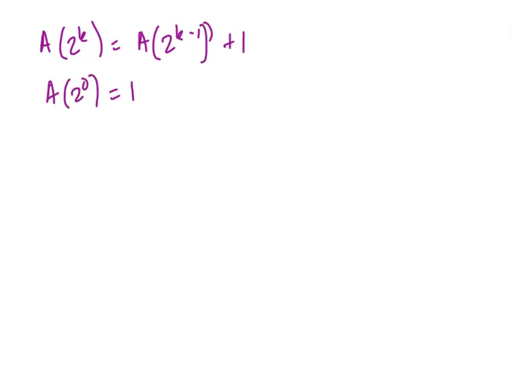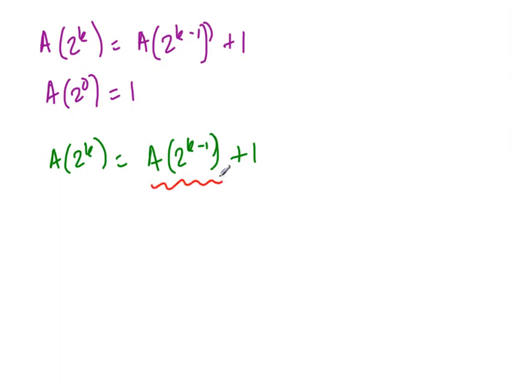So now you can use that famous backward substitution method. You just expand. a of 2 to the k is equal to a of 2 to the k minus 1 plus 1, and now you use the same expansion here, and you get a of 2 to the k minus 2 plus 1, plus the old one.